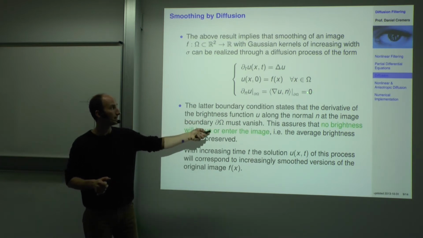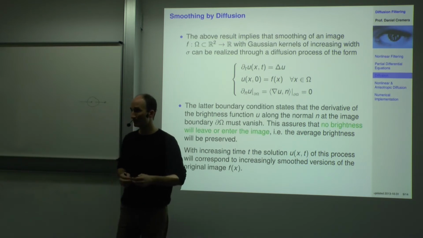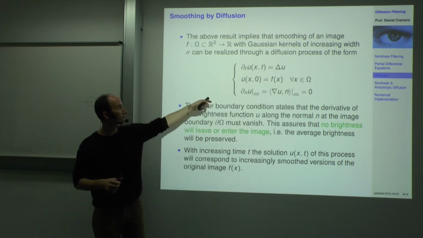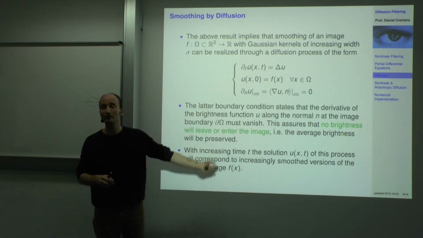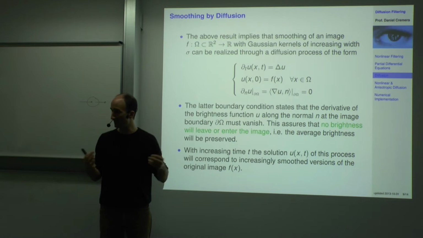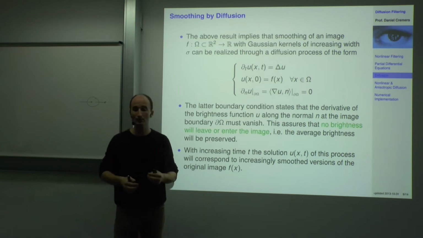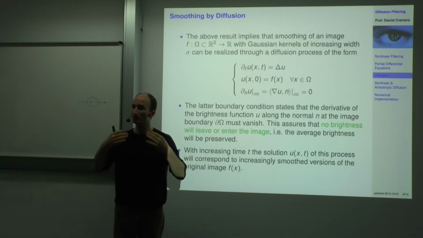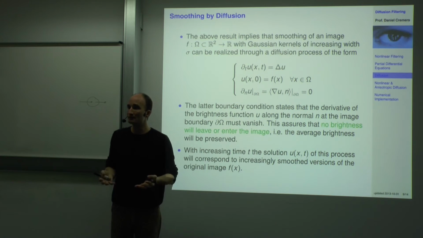If you don't implement this boundary condition properly in your numerical implementation, you will actually see errors. What you will see is that the brightness may either leave the image or enter the image, and the consequence will be that you see more and more blurred images, but with time the image will get brighter, or with time the image may get darker.